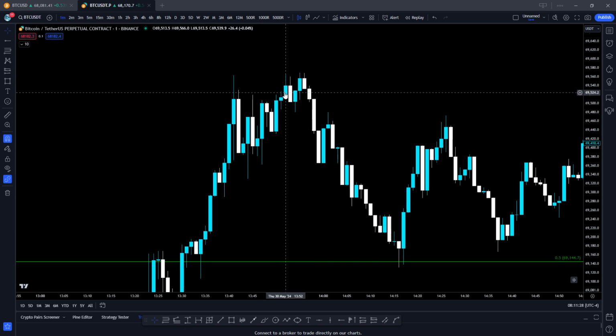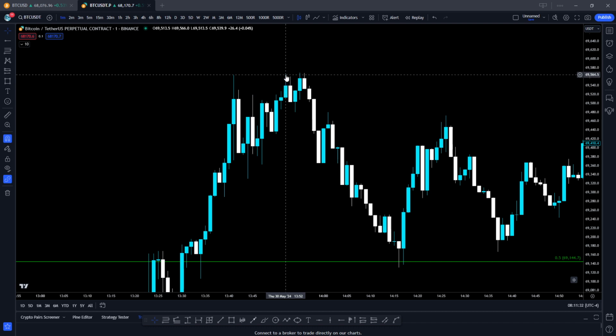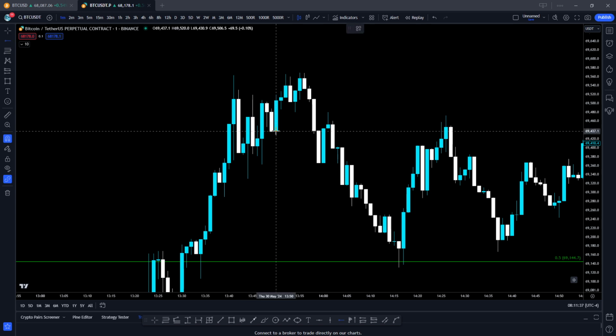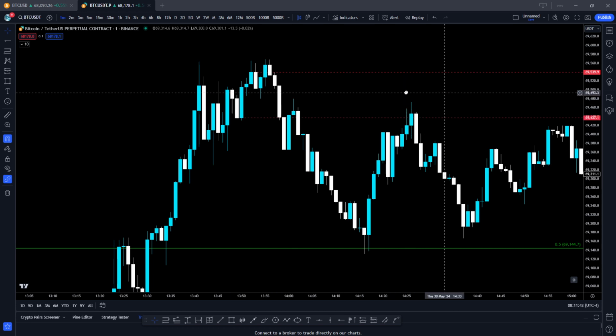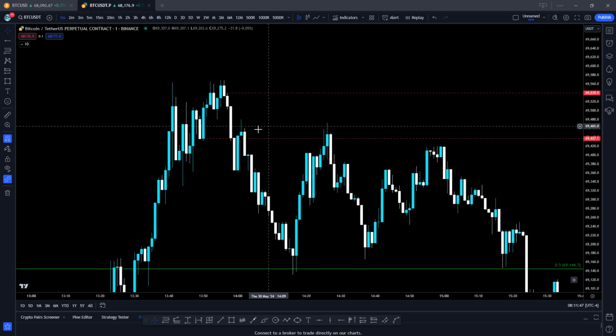If we look over here, I can see this 3 candle move to the upside here that takes out this high. I would consider this an order block. So we get up into that once and twice.